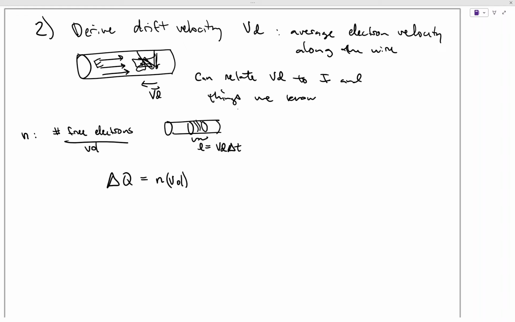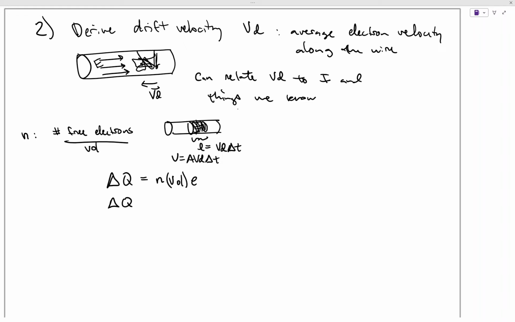That volume would correspond to the cross-sectional area times that length, so V would be area times Vd delta T. The last ingredient is the charge per charge carrier, in this case an electron. You multiply those three things together, and that gives you the change in charge.